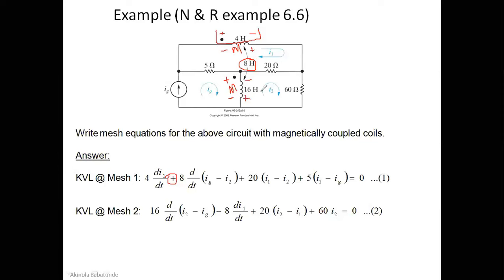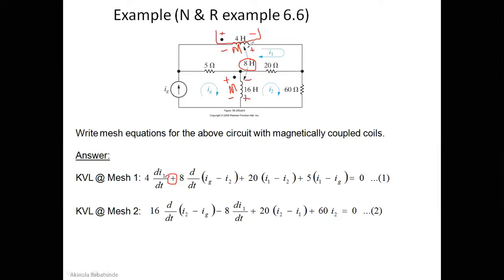Then again we have to deal with the mutual inductance. Don't forget that the mutual inductance here, this M, will be determined by the flow of current passing through 1. Mutual inductance in L2 will be determined by the flow of current passing through L1. The other time we said mutual inductance in L1 is determined by the flow of current passing through L2.